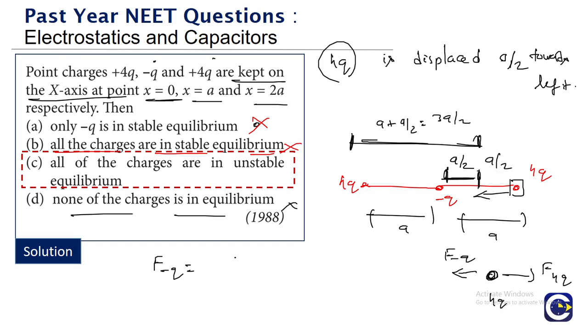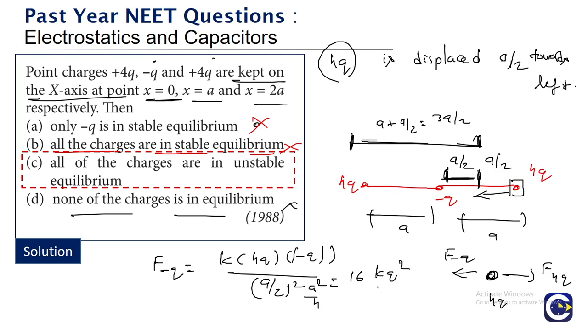So look at the magnitudes. Force due to minus q is what? K into 4q into modulus of minus q divided by A by 2 the square, which is what? A by 2 square means it will be A square by 4. 4 will go to the numerator. Totally what is it? It will be 16 kq square by A square.